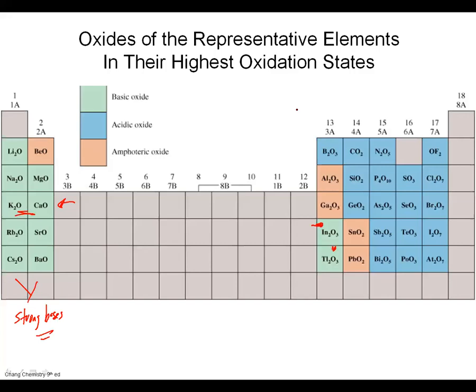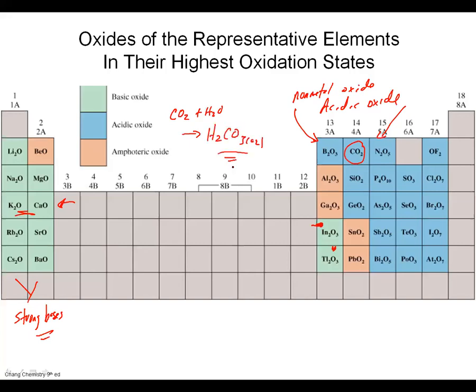Typically, when we get our nonmetals that have oxygen in them, our nonmetal oxides, these are typically our acidic oxides. For example, if you take CO2 plus some water, that's going to get you carbonic acid. So a lot of these nonmetals that contain oxygen are really where a lot of our acids are derived from when they react with water.